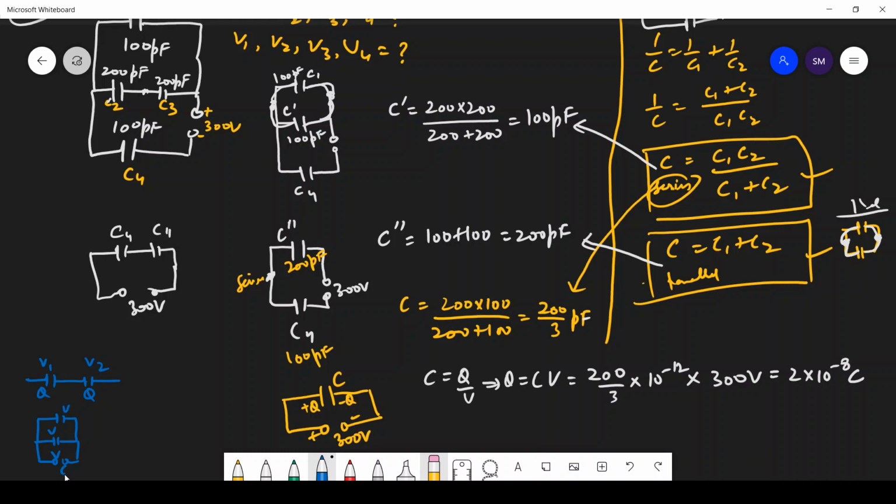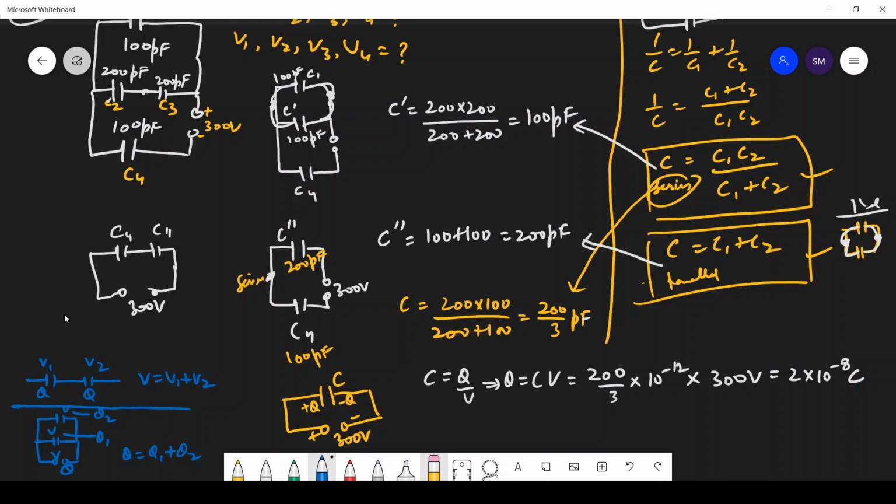So if I have charge Q, I will have here Q1 and here Q2, where Q is equal to Q1 plus Q2, for parallel. And for series, I have connected this with voltage V, so V is equal to V1 plus V2, and the charge is the same. So students, this is the thing that we are going to apply here.